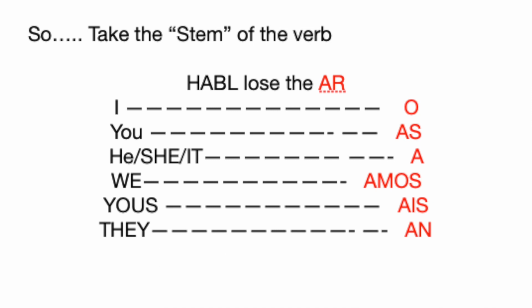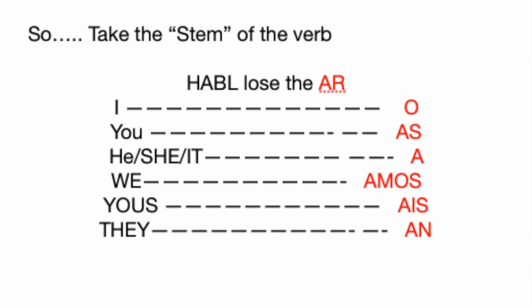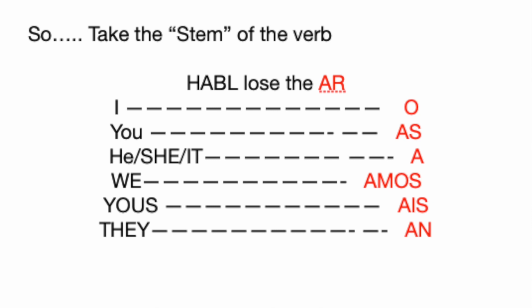If it's you speak with my mother, we put the ending AS on the end of it, and that becomes hablas con mi madre. He, she or it, we put the letter A at the end. That becomes habla con mi madre.